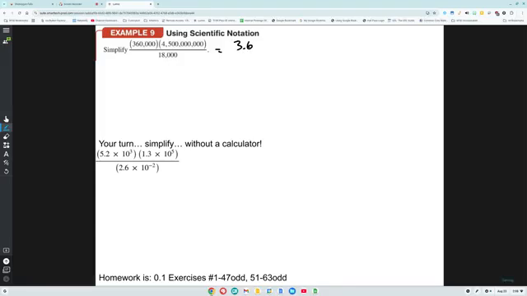I see 3.6 times 10 to the 5th, because I had to move my decimal place 5 times. I see 4.5 times 10 to the 9th, because I had to move my decimal place 9 times. And in the denominator, I have 1.8 times 10 to the 4th, because I had to move my decimal place 4 times.